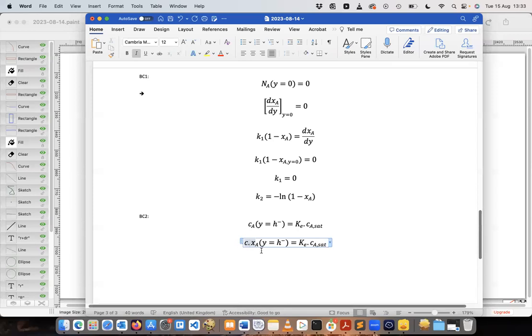So total concentration times the mole fraction is equal to this. And of course, we can just divide through by that C. So that's using our boundary conditions so far.